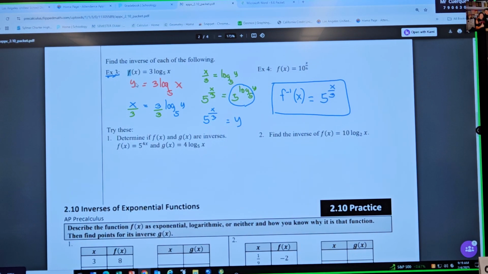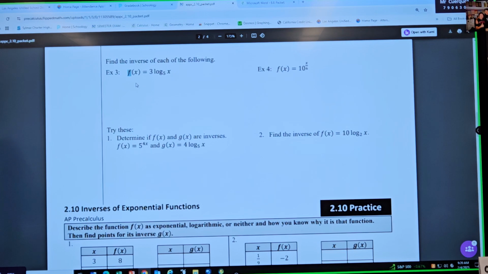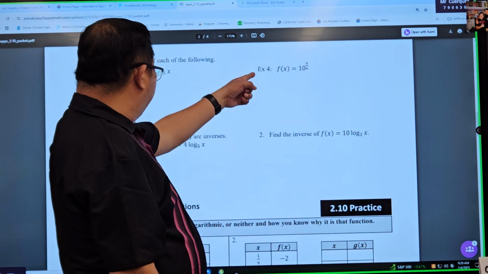Okay, moving on to number 4. Can I delete number 3? Because this solution for number 3 overlaps and we don't have space for number 4. You guys done? Okay. So, what we do first for number 4, this f of x.